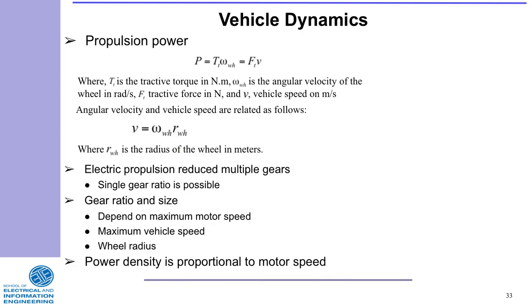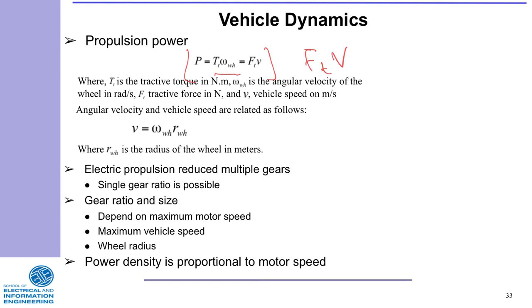Now, this is the propulsion power. Hold that thought. This is the propulsion power, which is your torque at the wheel and the angular speed of the wheel. Or, in another way to represent this, it could be the force at the wheel and the linear speed of the vehicle, as opposed to the angular speed of the tire.